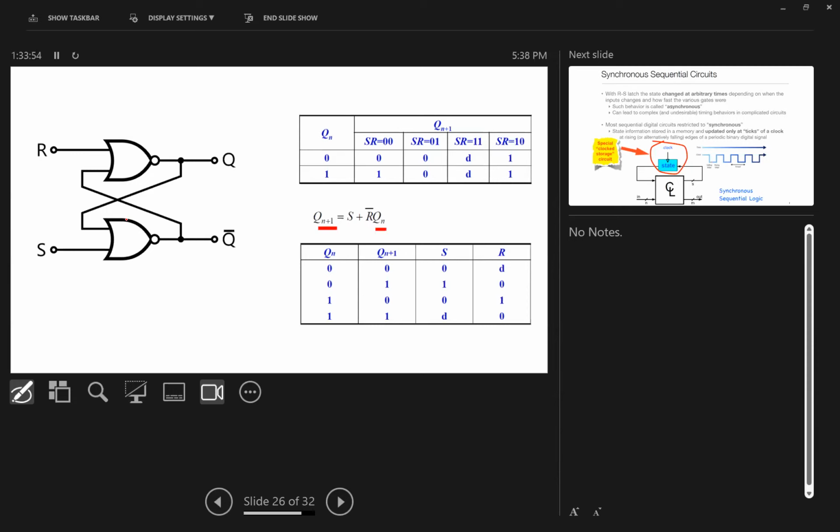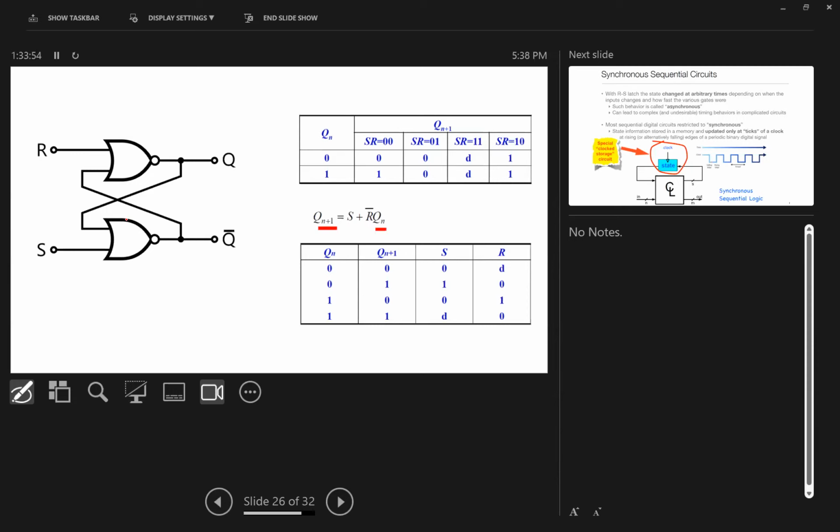So when R is changed, Q will change after the delay of this XOR gate, right? So it also depends on how fast the various gates are.